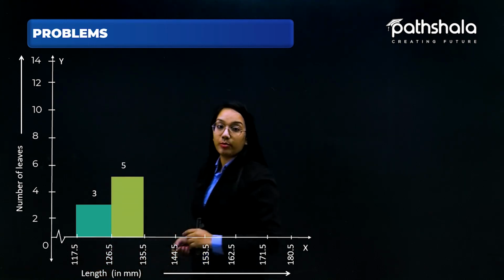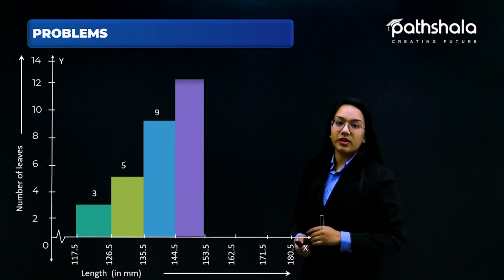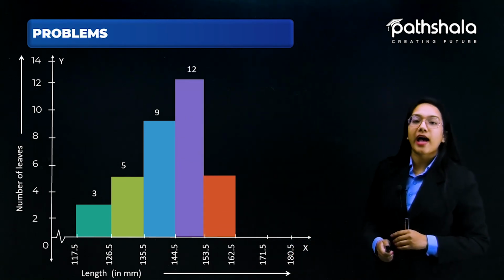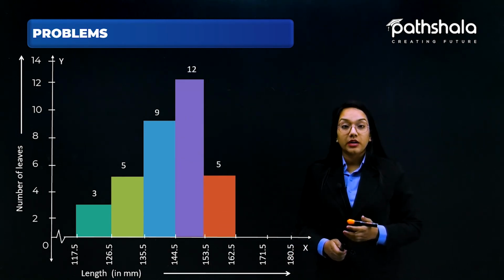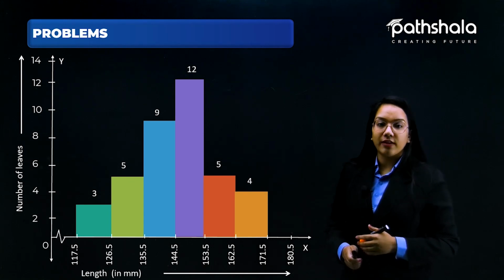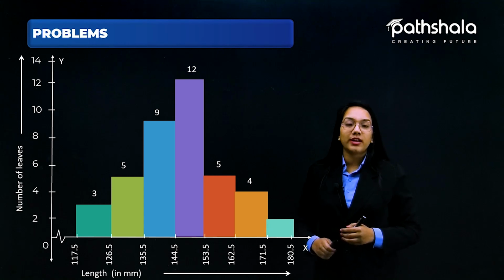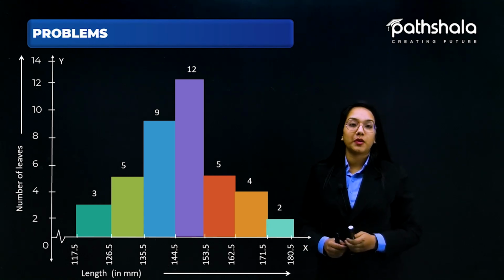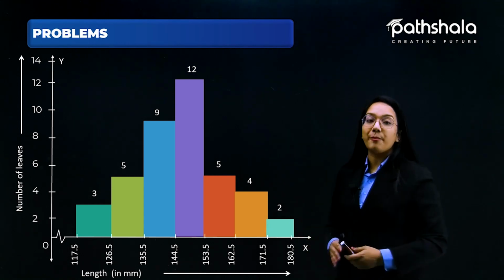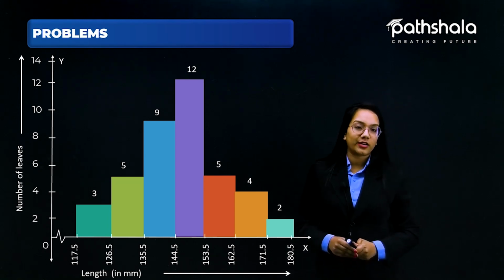Further, I'm plotting the next one as 5, the next one is 9, the next one is 12, the next one has frequency 5, the next has frequency 4, and the next has frequency 2. So this is the histogram related to this question.